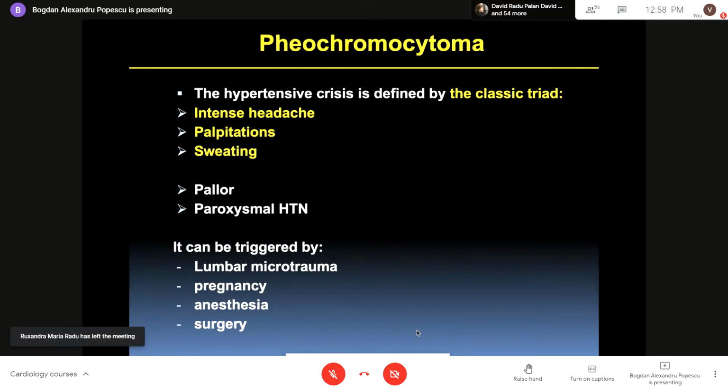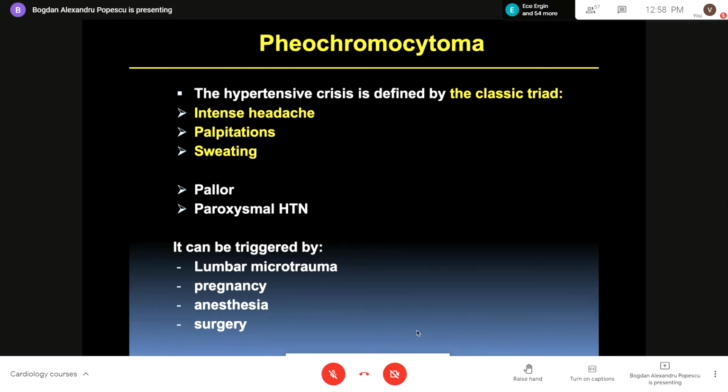So again, classically, a hypertensive crisis is described as a classic triad, 3 signs: severe headache, palpitations, and sweating, to which one may also see pallor or paroxysmal hypertension.